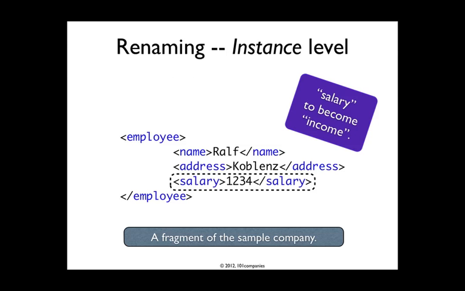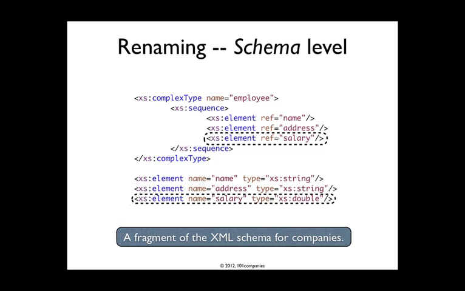Just to illustrate this a little bit more, here we look at the instance level. So this is some fragment from the company sample, and you see that we use the salary tag here, and of course the renaming requires that this becomes an income tag. For the schema level, we define a corresponding type here, an element declaration that describes what salaries are about.